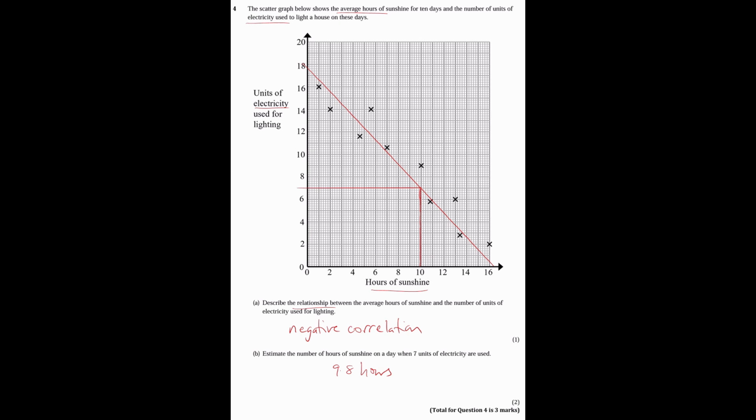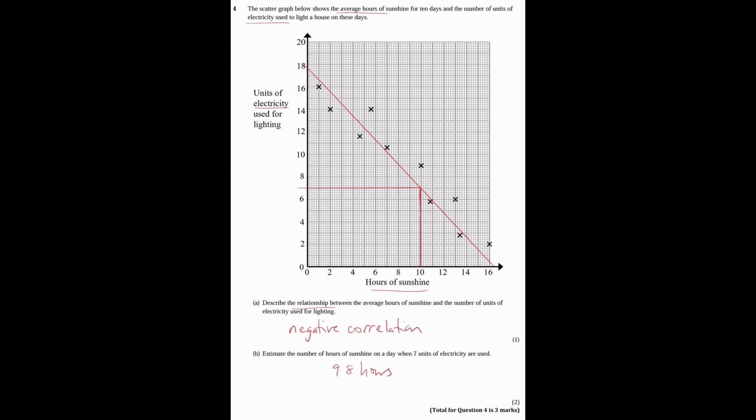With these, we've got to be careful. I can see here that I've got 5 squares for each hour. So each square represents 12 minutes. So we could turn this into hours and minutes.